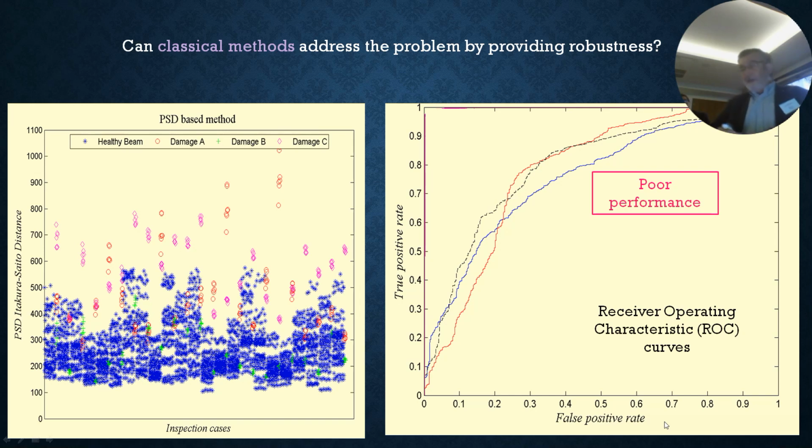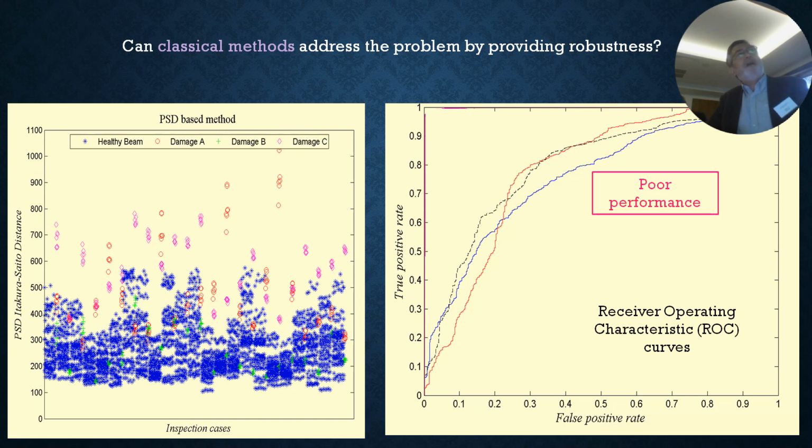So if we try to apply the classical techniques, then this is what we get. I want to stay here. This is based on many experiments. Each dot that you see here corresponds to one experiment. So we're talking here, I don't remember the exact number, but maybe 1,000 or perhaps even more experiments in order to have some reliable results.